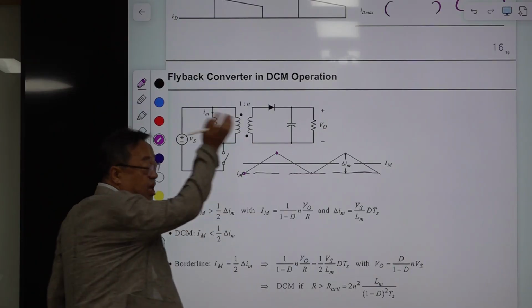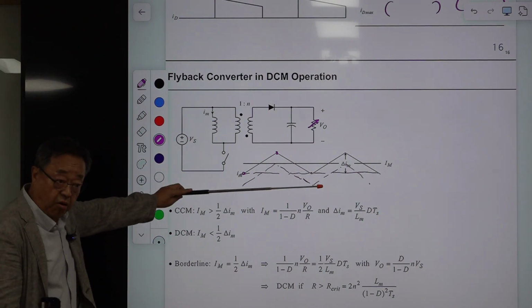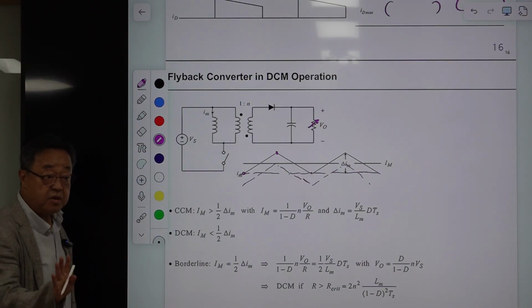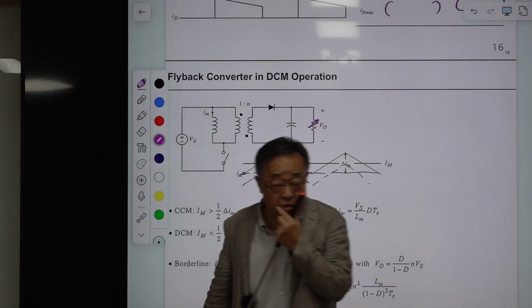So if you increase R, load resistance R, then current should go down like this to have a smaller average value. But it is impossible because negative current is not allowed here because of the presence of the diode. Diode cannot carry current in reverse direction. Okay.